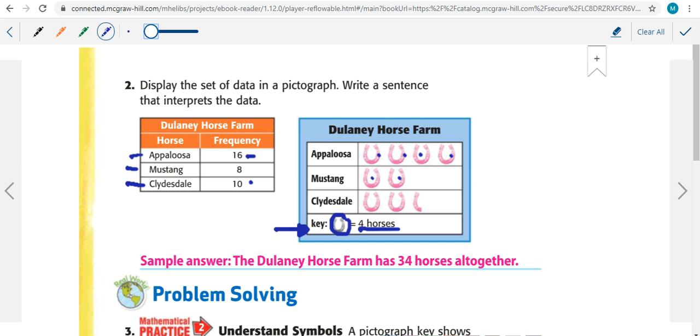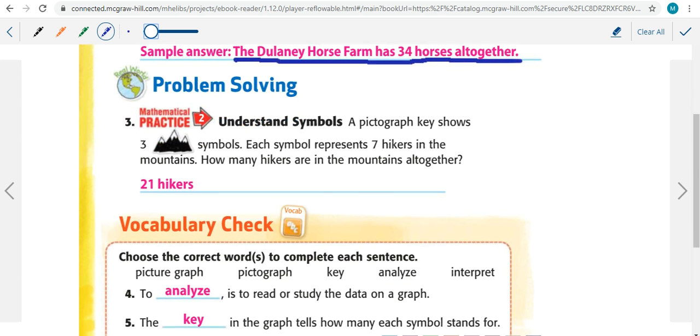To show this number, they draw 1, 2, and the half of this one. 4 plus 4 is 8, plus 2, which is the half of 4, is 10. Now, the sentence that represents this data is the Dulany Horse Farm has 34 horses altogether.